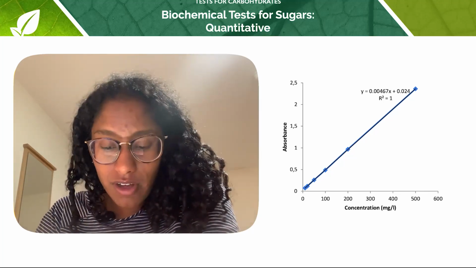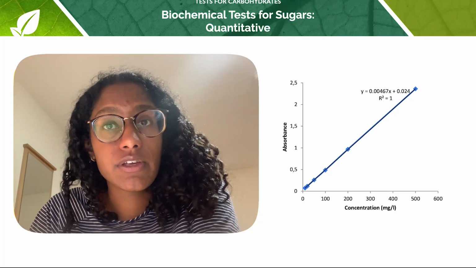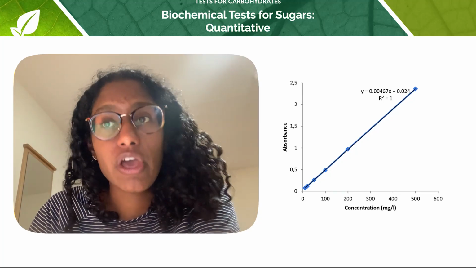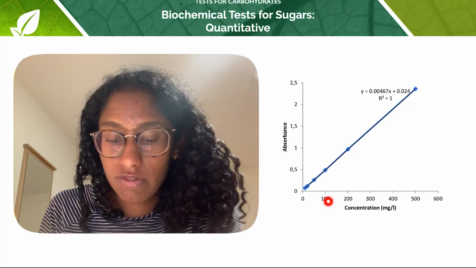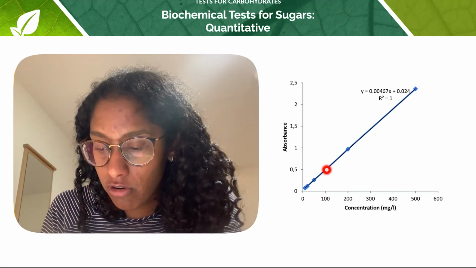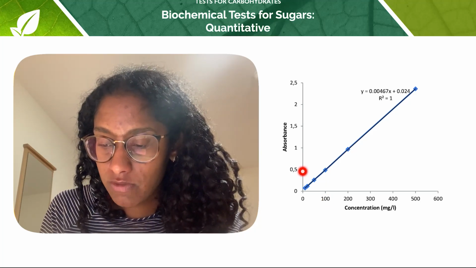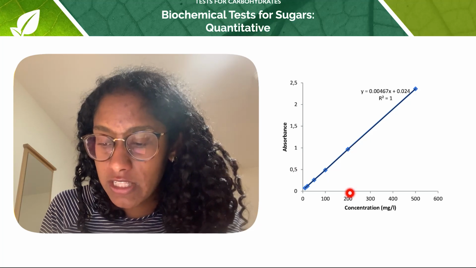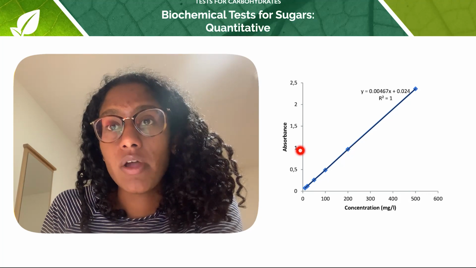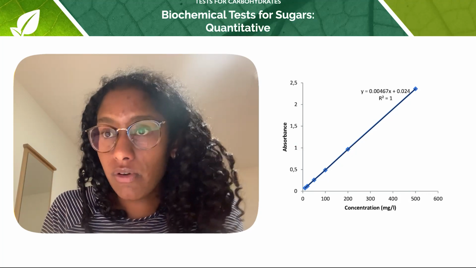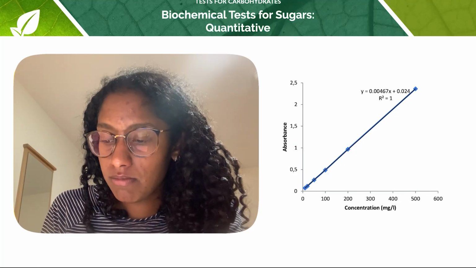Well, if we get 5 known concentrations of glucose solution, so let's say we know the concentration of 100 milligrams per litre of glucose solution, and we put that through the colorimeter and we get an absorbance of 0.5. And then we do the same for 200 milligrams per litre and we get the absorbance of 1. And so on for the various concentrations, so you can see them plotted here.